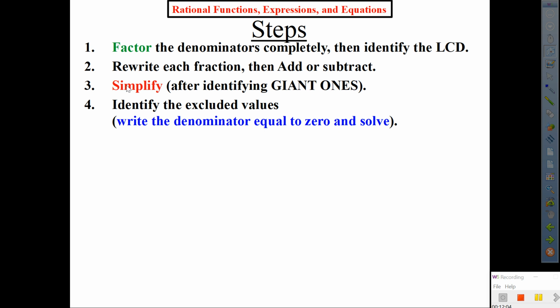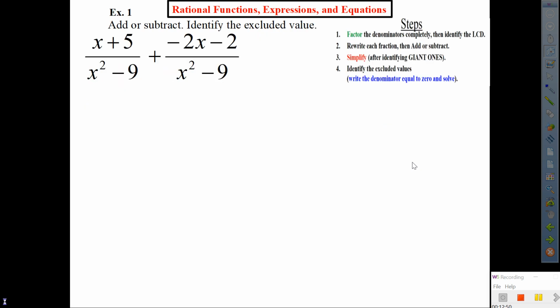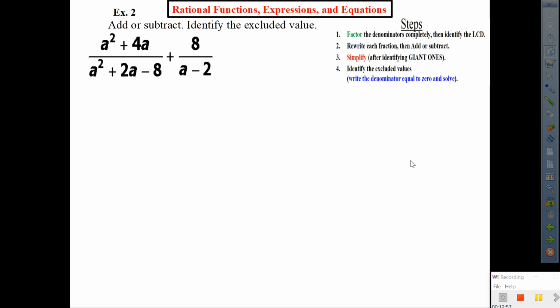From there, you simplify by identifying giant ones, but if you notice on the home play, the numerator needed to be factored once more, most of the time. Then identify giant ones, and at the end, your excluded values. So yesterday we did something like this.